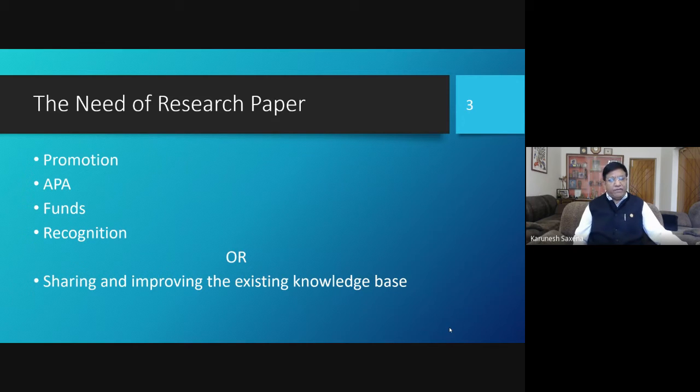Similarly, this is API. You get a good API score once you get good research papers. If you publish one of your research papers in a very good quality journal, you can earn as much as 45 marks API score from one paper only. Similarly, when you apply to funding agencies for research projects, they also look at your biodata and the quality of publications you have.